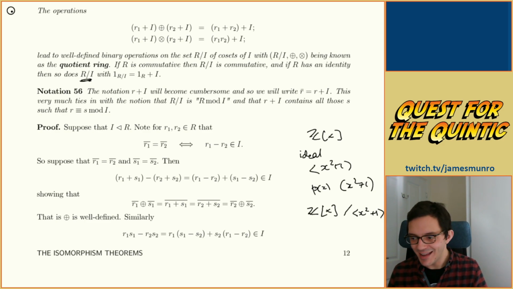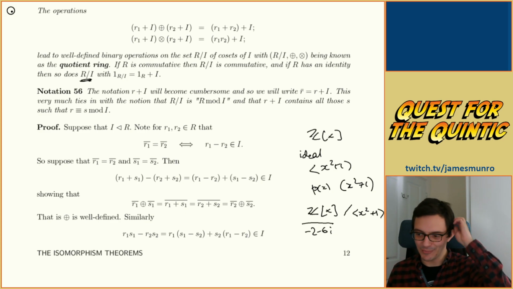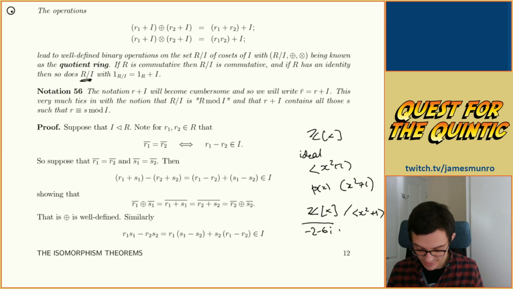And you've still got some stuff left, because you've got things like, well, before we saw minus 2 minus 6i is kind of an element. I guess we now mean bar, like for modular arithmetic, we kind of mean that equivalence class of that element plus multiples of x squared plus 1 is in that example of our quotient.